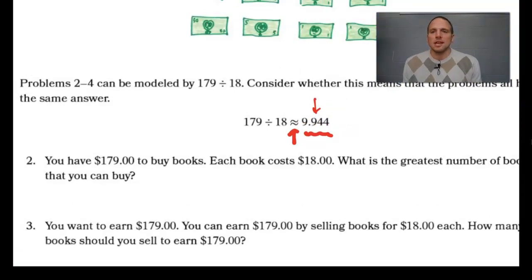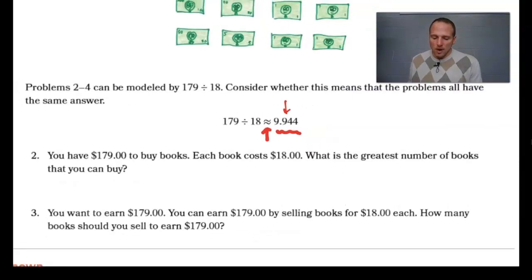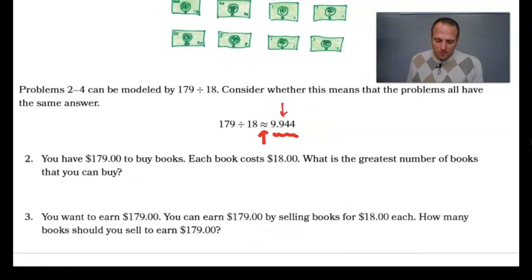But I want you to answer this question. If you only have enough to buy 9.944 books, do you have enough to buy 10 books? No, you don't. So regardless of what our rounding rule says, if we don't have enough money, we can't buy that last book. We can buy 9 books.